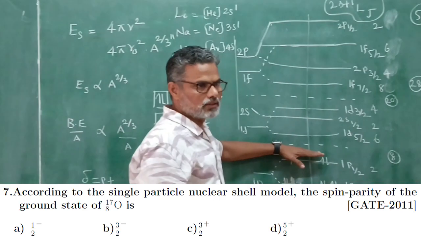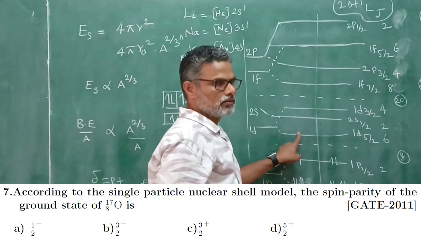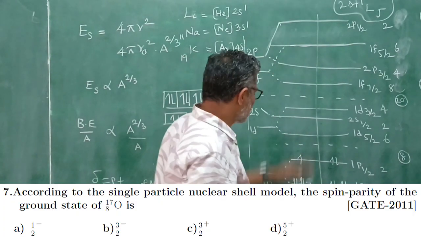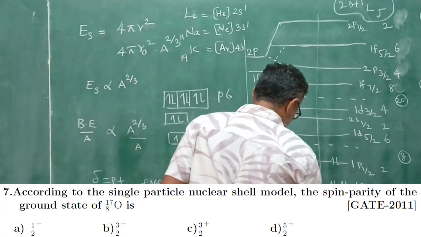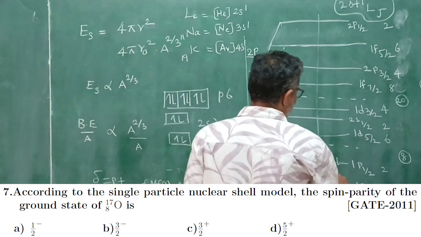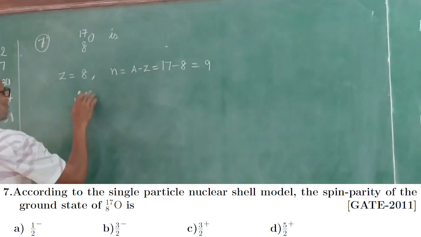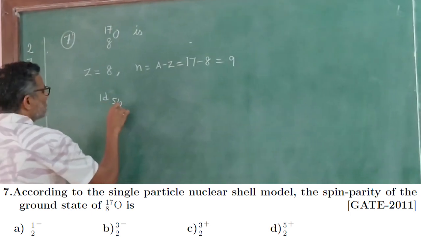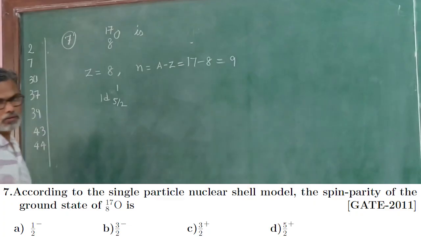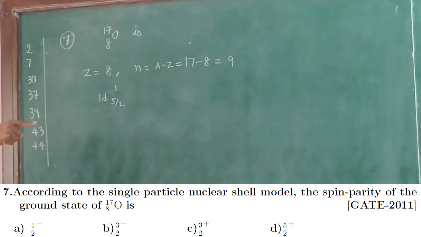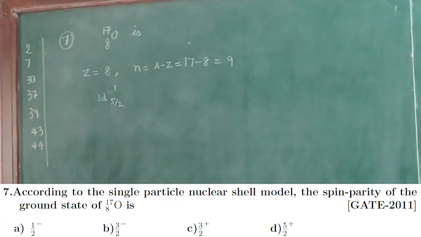Up to 8 it's filled, the 9th nucleon will go there. Here you consider this side proton, and neutron will come here; proton is completely filled. So this one is 1d 5 by 2, 1 neutron is filled in the 1d 5 by 2.